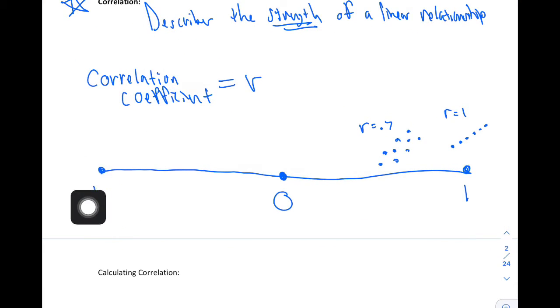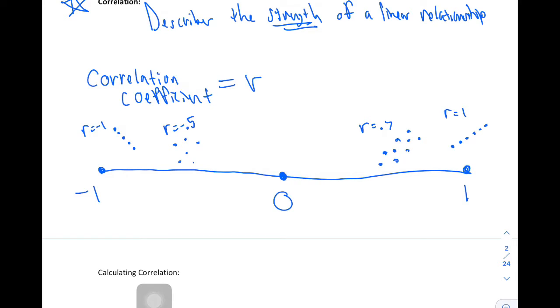And on the other end, what would an R value of -1 be? Well, this would also look similar to this guy, just in the negative direction. If I had similarly, actually let's go -0.5. So -0.5 compared to 0.7. This one is not as strong, so there should be more spread out data.